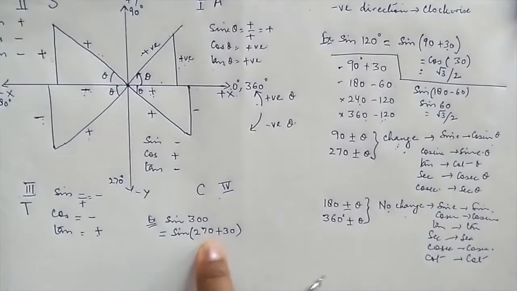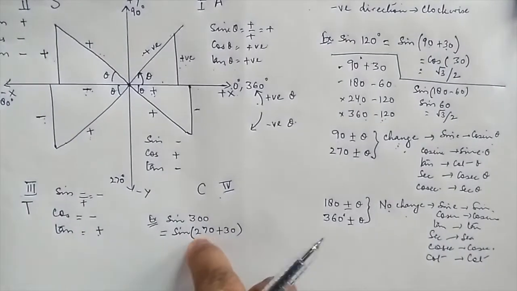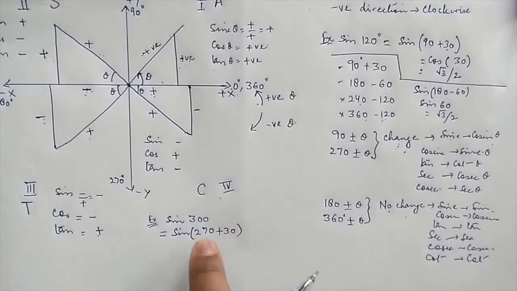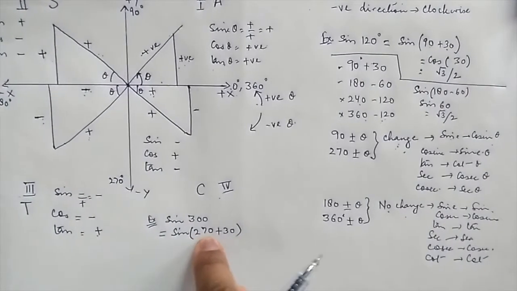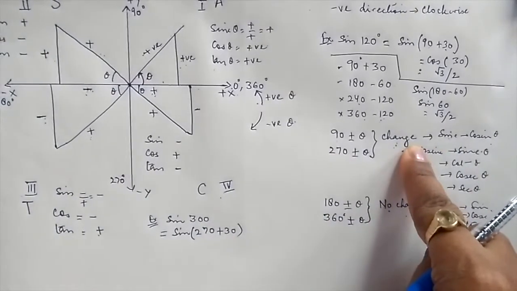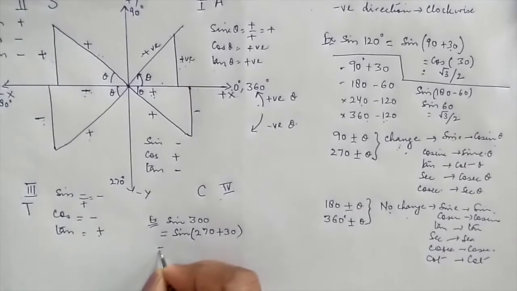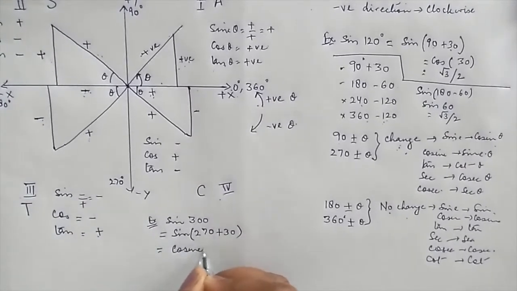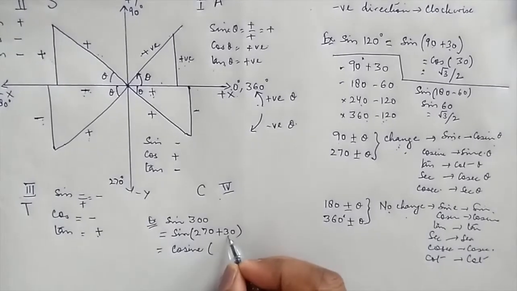Now I have written it as 270 plus something. So excess is what? 30. Change or no change I'm going to decide from here. Now 270 was in this category, which means a change, right? So therefore, sine changes to cosine of what? The excess or the deficit, that is this.